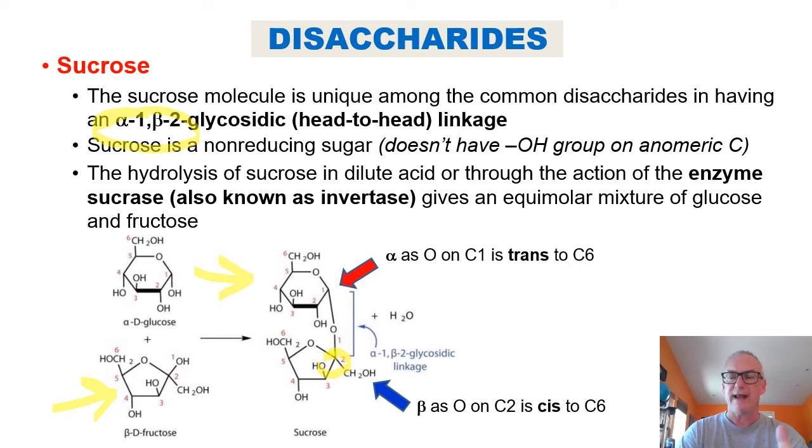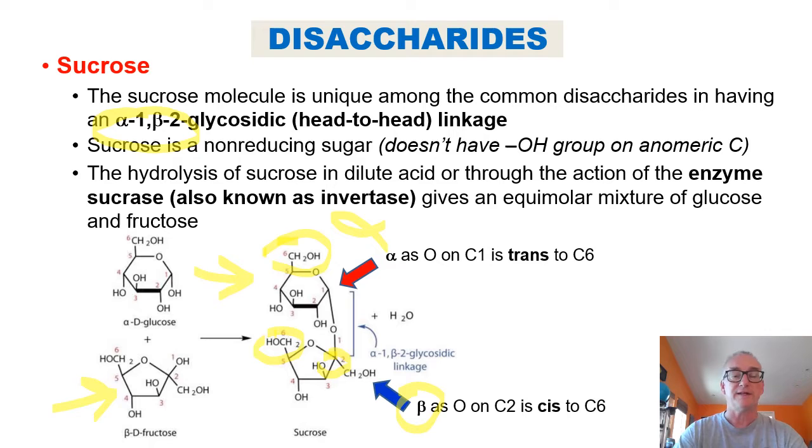And we call it an alpha beta because on the glucose here, you can see that this bond is trans to carbon 6. And so this is an alpha linkage to the glucose. However, on the fructose part, on the bottom part, this linkage is now cis to carbon 6. So it is beta.